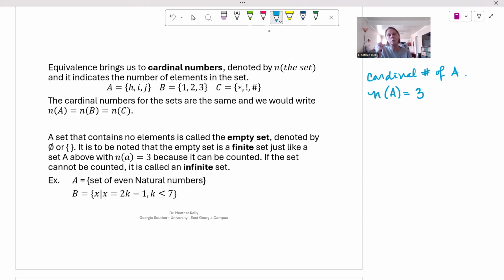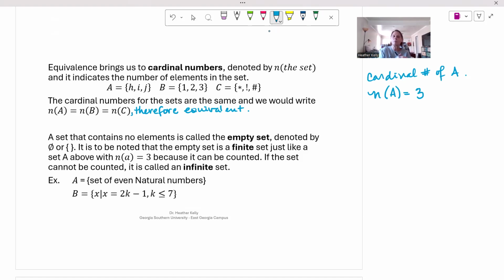What we say more sophisticatedly is that they have the same cardinal number. So the cardinal numbers are the same for sets A, B, and C here. And that way we can say that they are equivalent. I didn't even write that here, but I could say, therefore, equivalent.